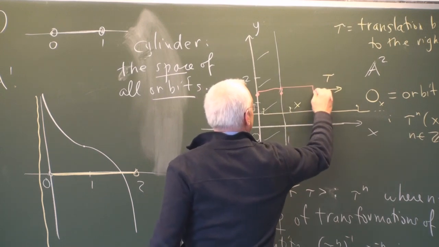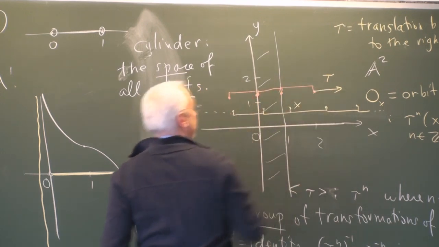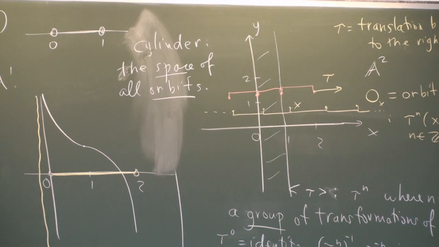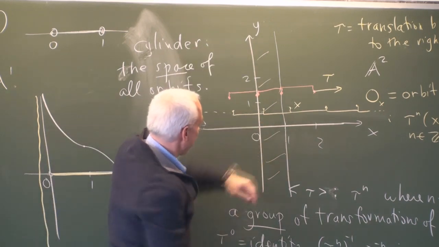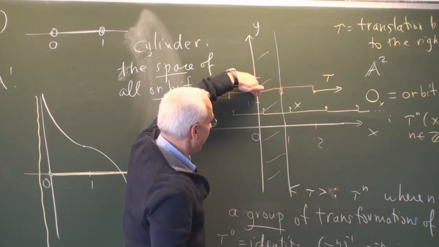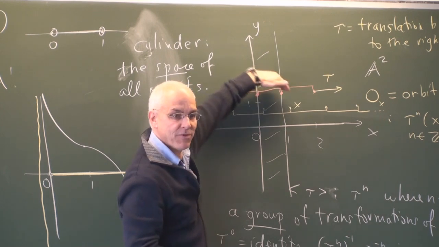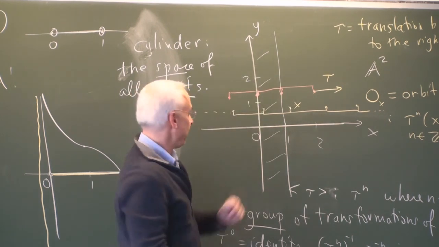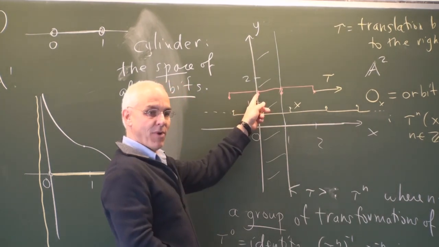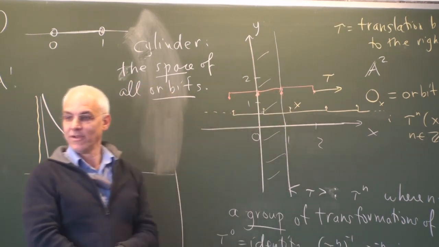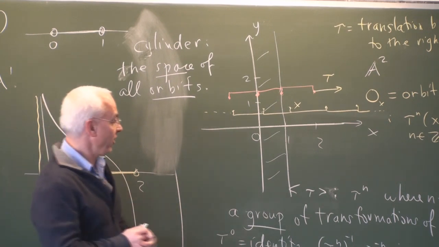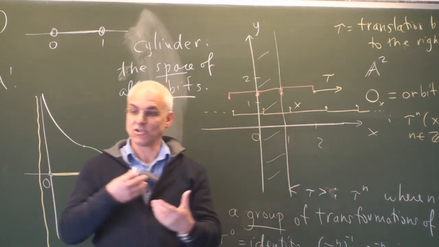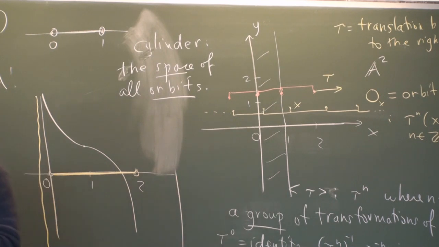And so to get rid of that redundancy, we could take this strip and identify the left edge with the right edge. We simply glue this point on one side of the strip to the opposite point on the opposite side. We identify those points, and then we get a nice representative family for all the orbits.